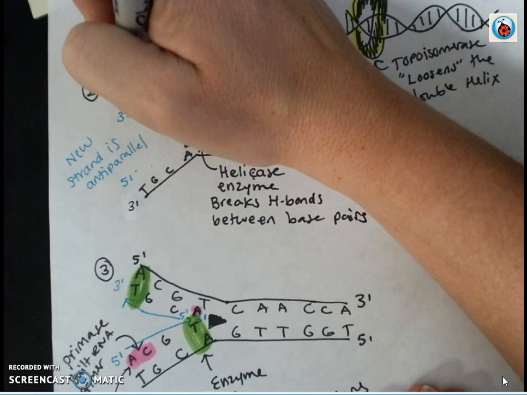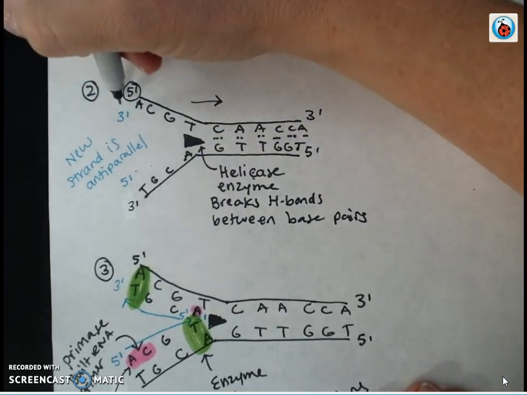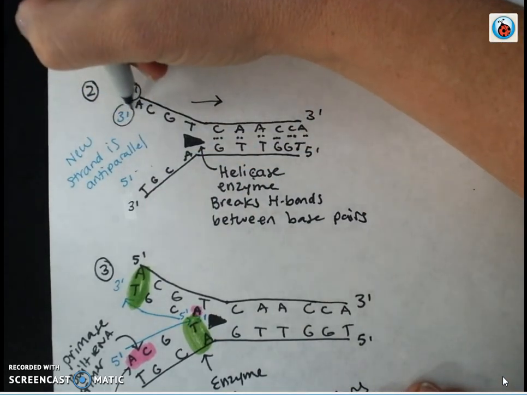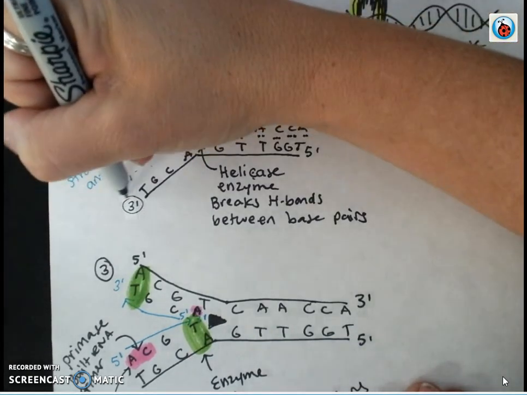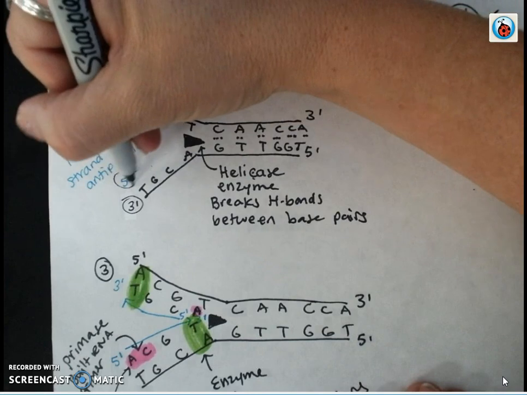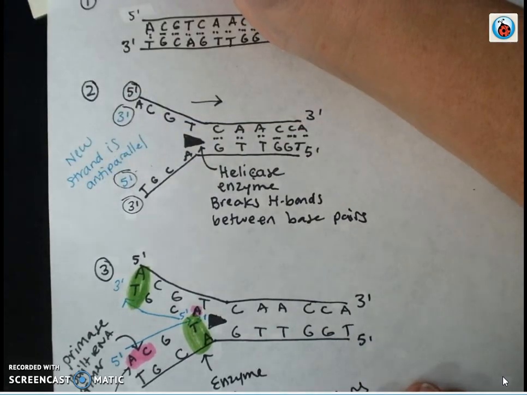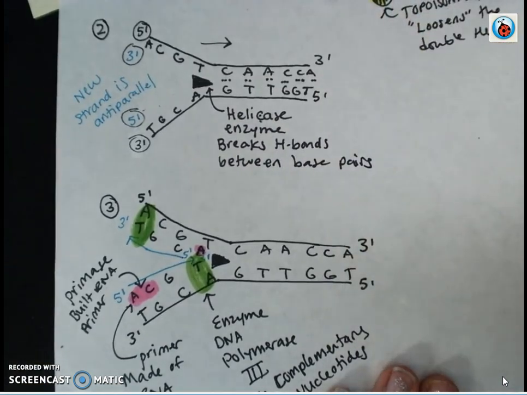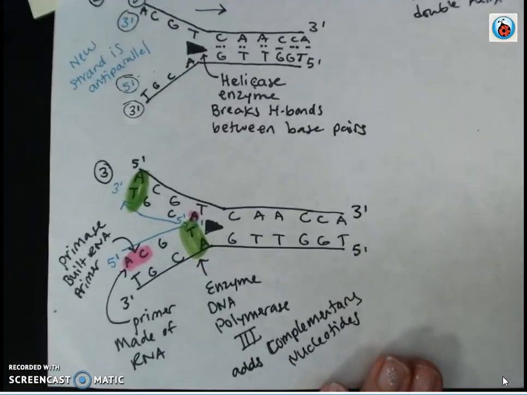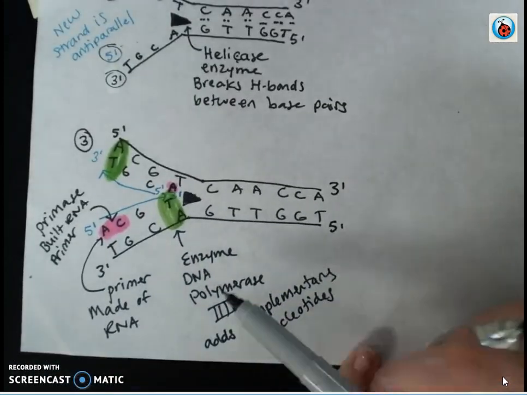If this is the 5' end of the existing strand, then right here is the 3' end of the new strand we're going to build. Here's the 3' end of the existing and the 5' end of the new strand. So when DNA replicates, the main DNA builder is called DNA polymerase 3.